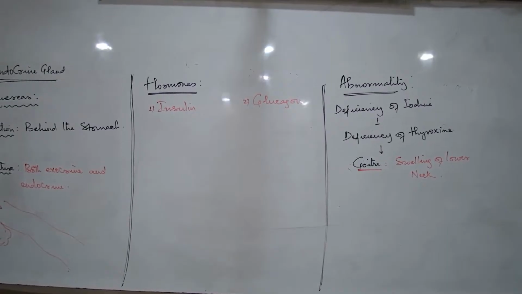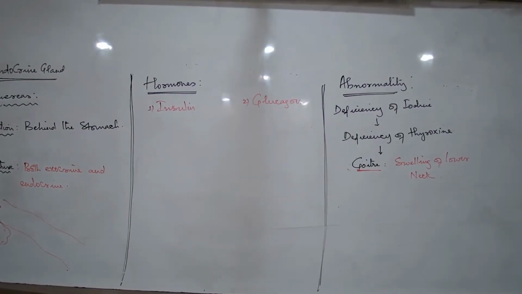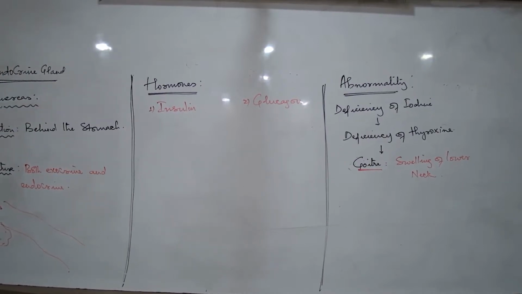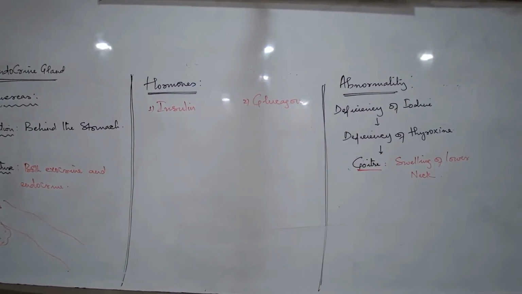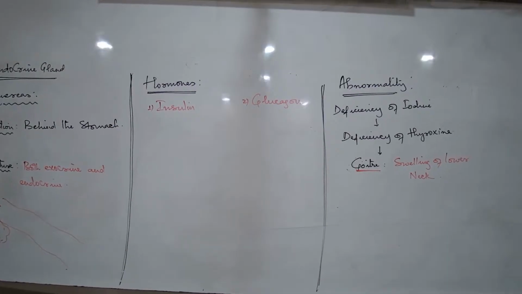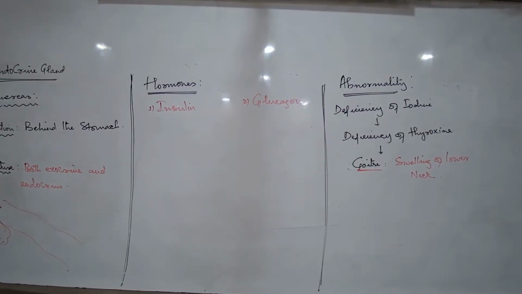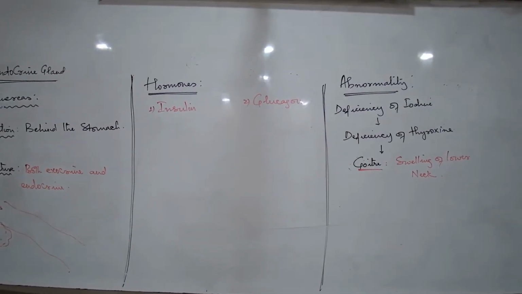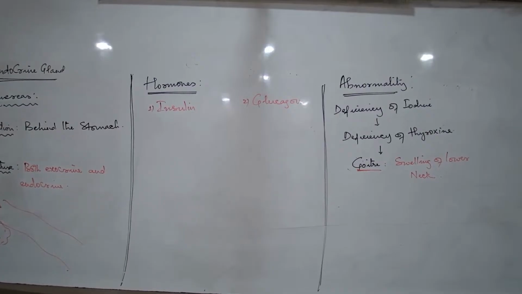So at any part of the day, whenever we are eating an adequate amount of carbohydrate, and after that, within 2 to 3 hours, what is happening in our body? The food is getting digested. So what are the steps? You know already. Digestion, absorption, assimilation.